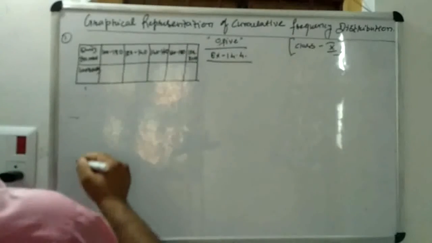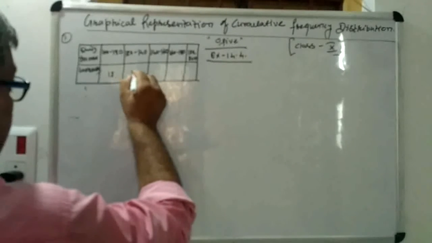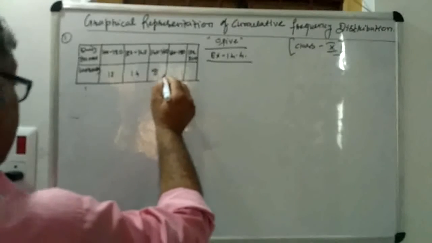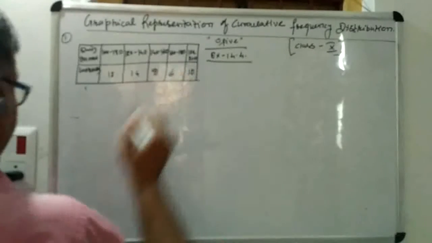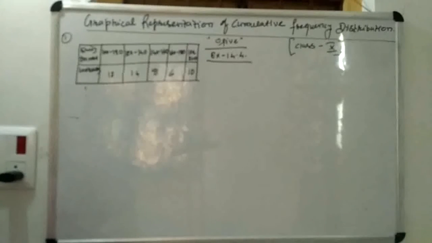And the number of workers are given: 12, 14, 8, 6, 10.